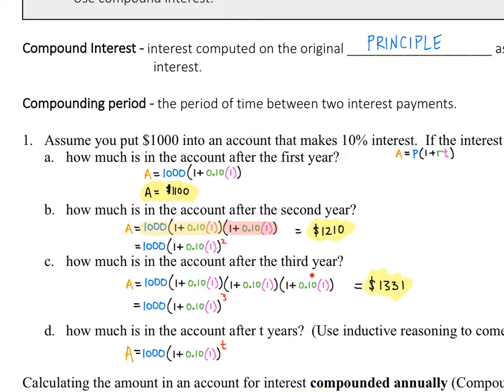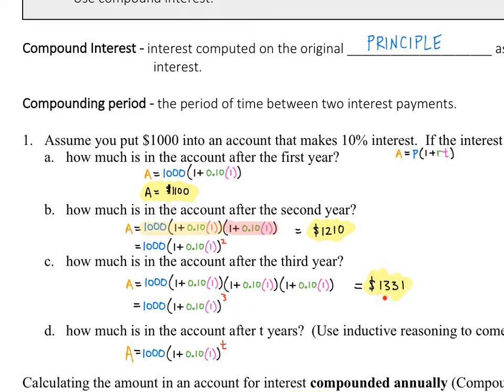So how about after 3 years? Well, now we simply multiply by that 1 plus 0.10 times 1 again, because we're earning interest each year. Another way we could write it is 1,000 times 1 plus 0.10 times 1 raised to the third, because it's sitting in there for 3 years and it's continuing to earn interest.